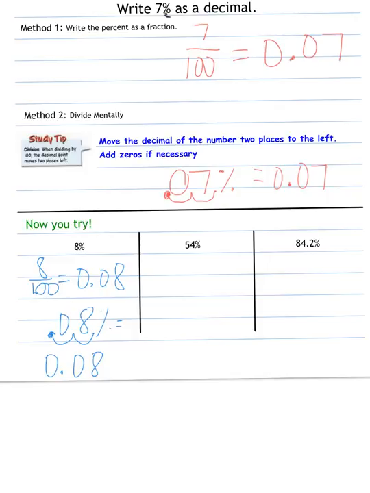All right, 54%, again, you can write it as a fraction. So 54 hundredths looks like that. Or you can move the decimal spot 1, 2 to the left. 0.54.